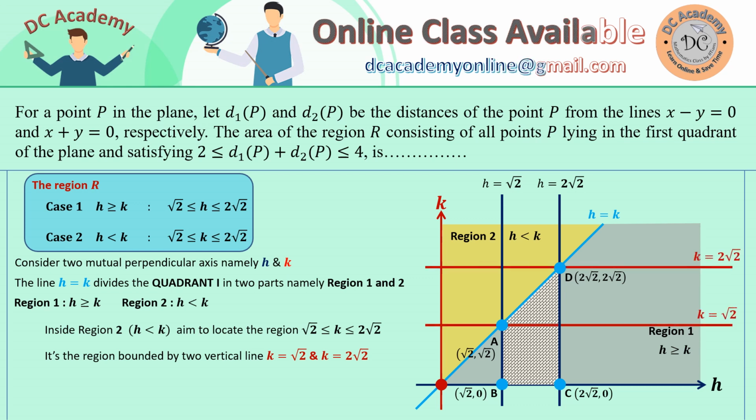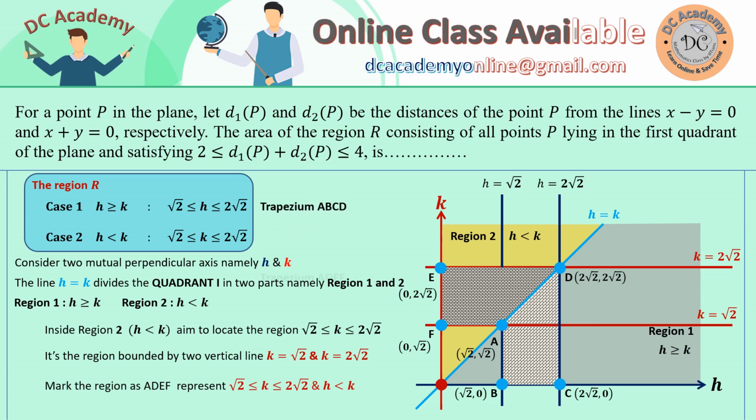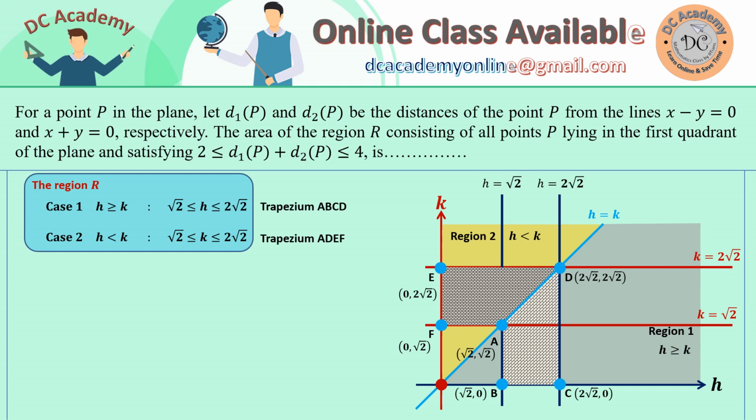Here also we get a trapezium, so let's mark the region between these two lines. That trapezium will be defined by ADEF. So the required region is given by the sum of the two trapeziums, ABCD plus ADEF, and together they represent the region R.